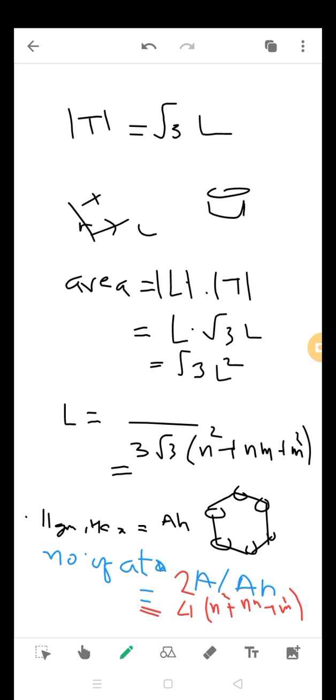So this is the value. These are the number of atoms which are present in the area between T and C.